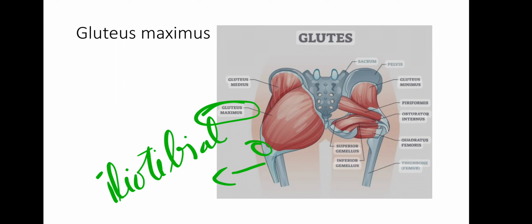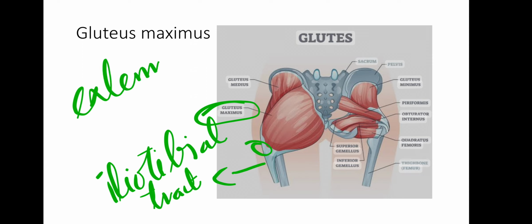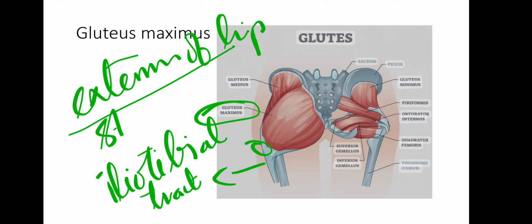Its function is the extension of the hip joint, or in other words, it helps in standing erect and in getting up from a sitting to a standing position. It helps in walking, but doesn't contribute to the stability as such.